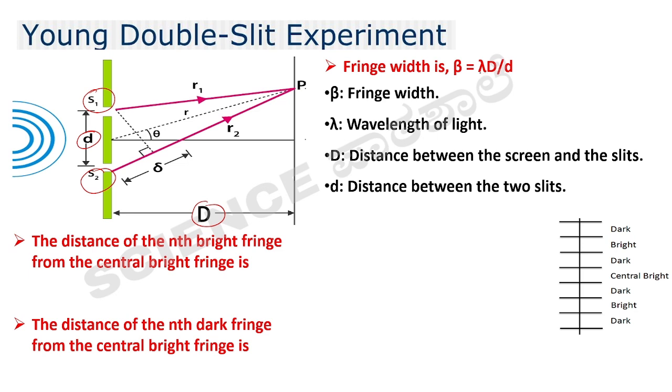So what is beta? Beta is the fringe width, lambda is the wavelength of light, capital D, not d, capital D is the distance between screen and slit. Then small d is the distance between two slits.